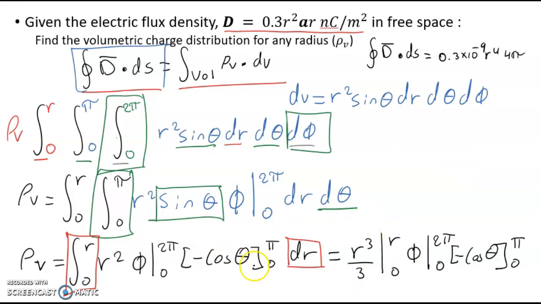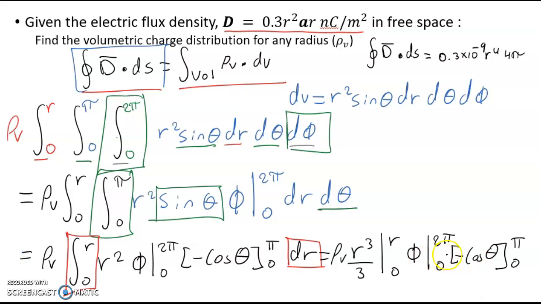Now we have an expression, though not necessarily for rho v. Remember, rho v is not like that. Actually, rho v is going to be outside of this equation. Rho v should be right here.